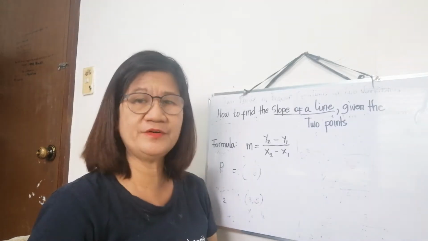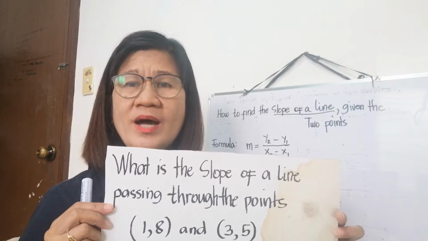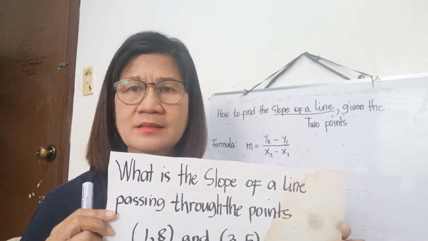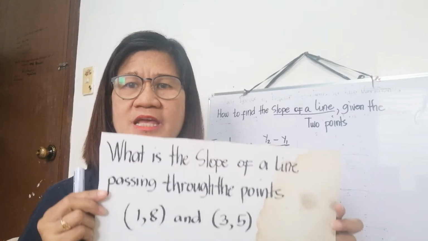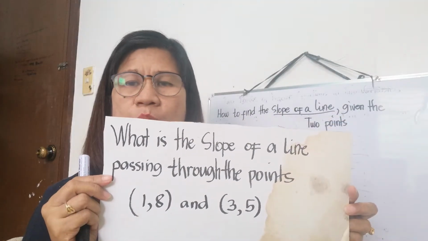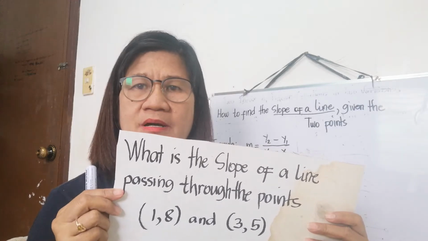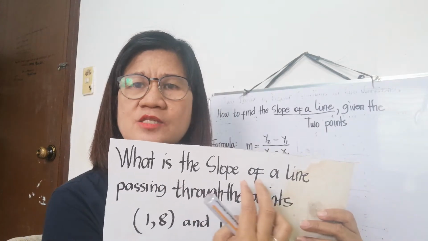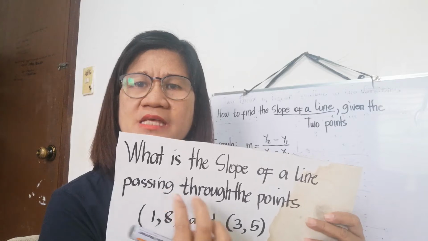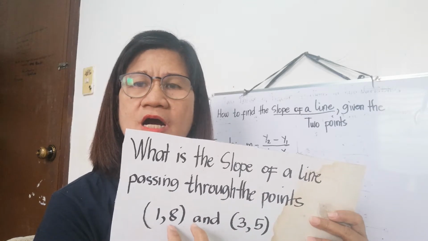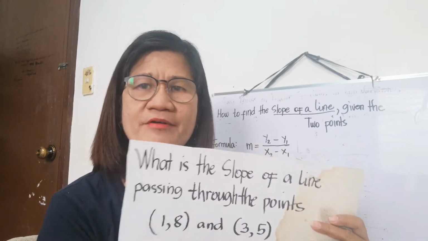Okay? So, let's have the first example. What is the slope of a line passing through the points 1, 8 and 3, 5? Again, what is the slope of a line passing through the points 1, 8 and 3, 5?